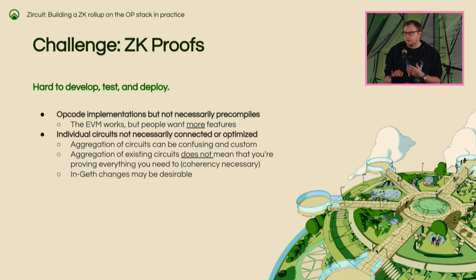There might not be opcodes that are fully supported. Optimism does a really good job of keeping up with the latest Geth updates. Other people building circuits may not necessarily be doing that. So you also have to pay special attention yourself to make sure that this happens and it does work. And even if you get all the opcodes you want, as I've mentioned, aggregating things, putting these pieces together, super challenging, super interesting, because you can do it in very different ways in order to A, differentiate yourself, but B, just perform better or have your requirements met.